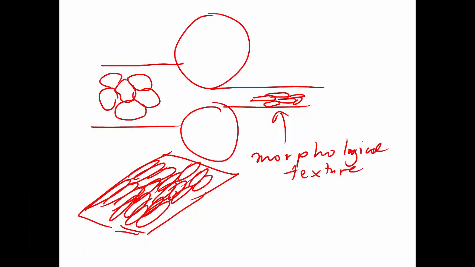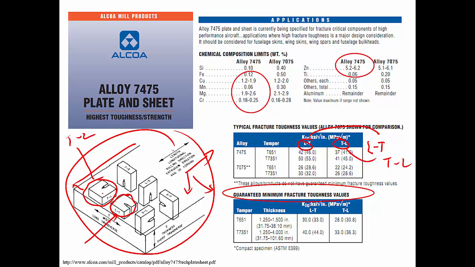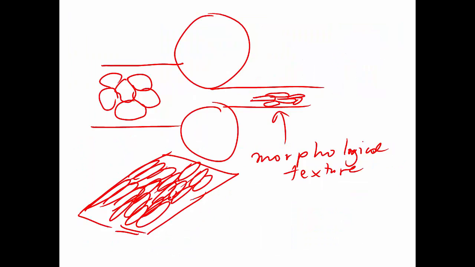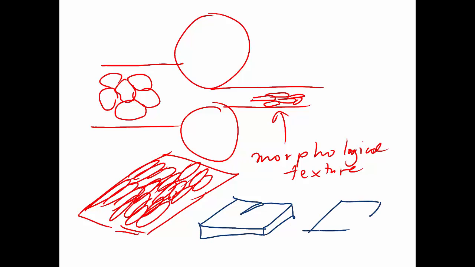And so once you have this microstructure in your mind, then it's not really unusual to see this difference. So if you have a specimen that has a crack oriented this way versus a specimen that has a crack oriented that way, it's not unexpected to have this one with a larger fracture toughness than that.